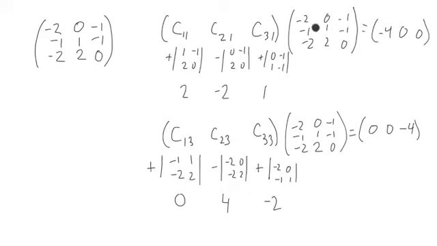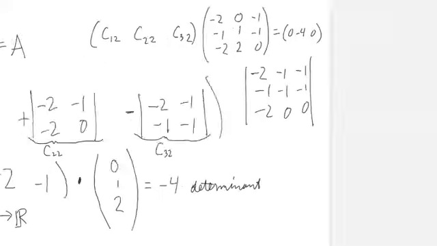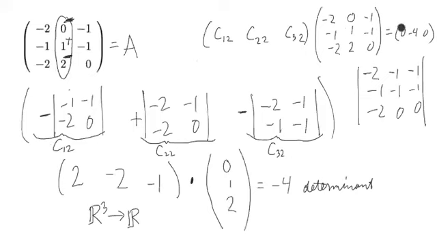Well, the first column, if that's the input, remember, we take the dot product of the cofactors from that column with the column itself. So we input this vector into what we've just done with this cofactor expansion, and we should get the determinant. But if we input any others, like this column or that column, we should get zeros out for the same reason that we were getting these zeros right here.